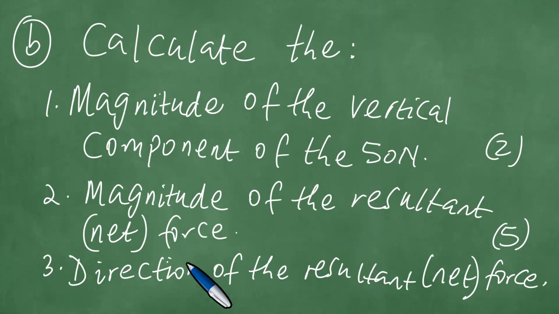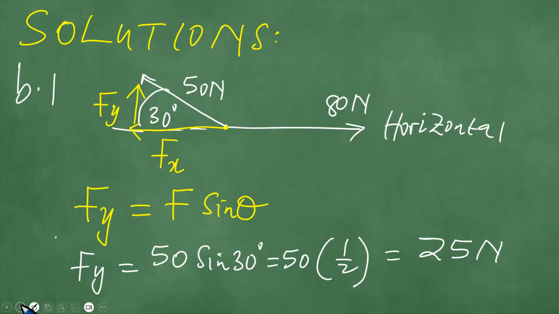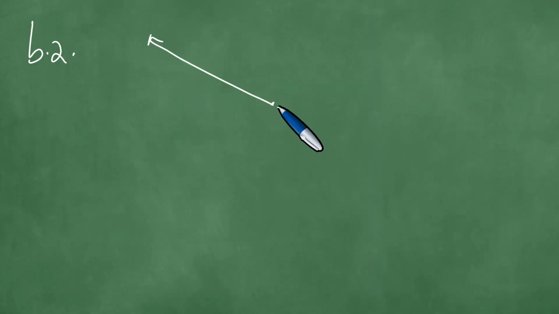The magnitude of the resultant net force. What is the magnitude of the resultant net force? Okay, let's look at this one. At this point, we remember that we are looking at B2. Looking at B2, you remember that we have the diagram like so.